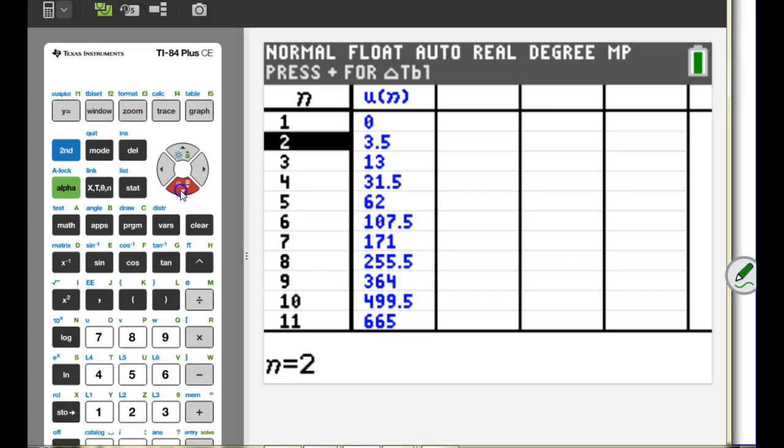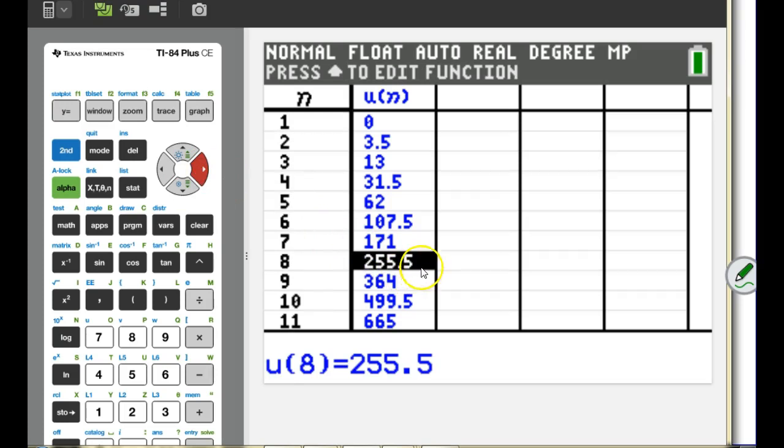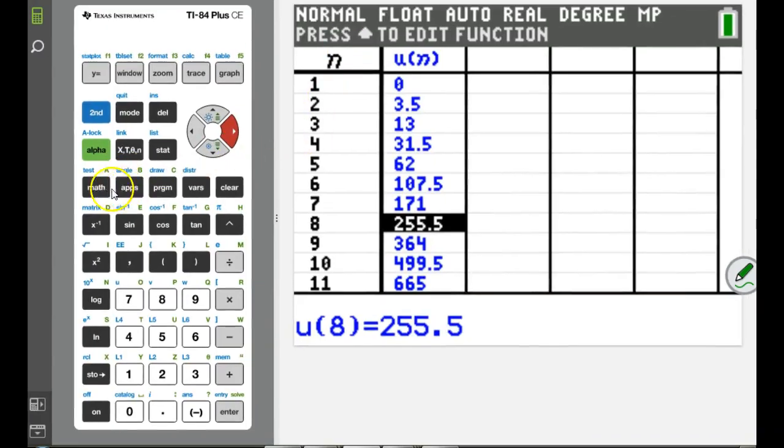Okay. You can scroll down and make sure that's exact if you wanted, because it would tell you at the bottom. I don't know that you can do a math enter at that point. I don't think so. Any questions on that?